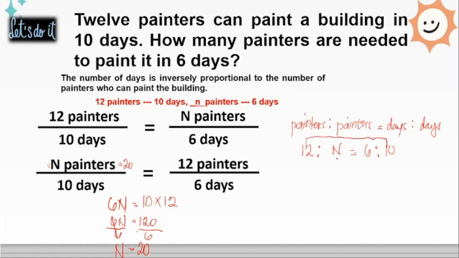Multiply the extremes, then multiply the means.